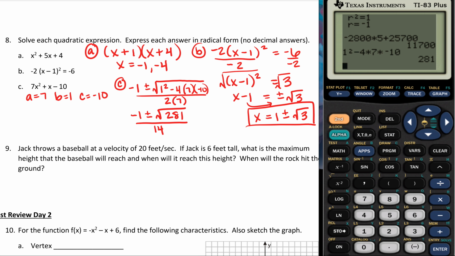And 281, cool little trick. If you add 2, 8, and 1, 2 plus 8 is 10. 10 plus 1 is 11. 11 is not divisible by 3. Therefore, I cannot break this down any further. My answer is negative 1 plus or minus the square root of 281 divided by 14.